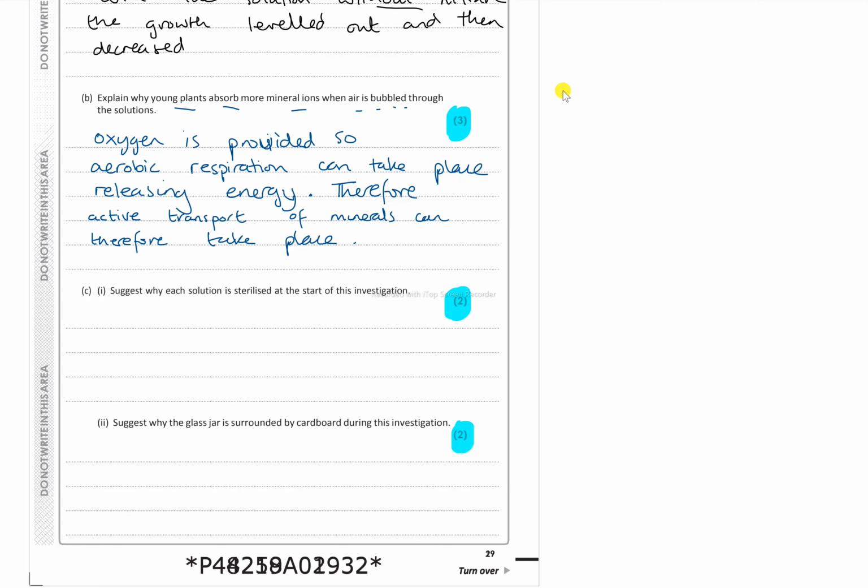Is that okay? So what you've got is oxygen for aerobic respiration, which releases energy, that energy is used by a process called active transport in the roots to take up the mineral ions to help growth.